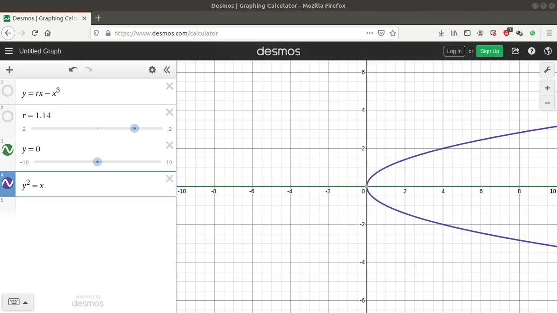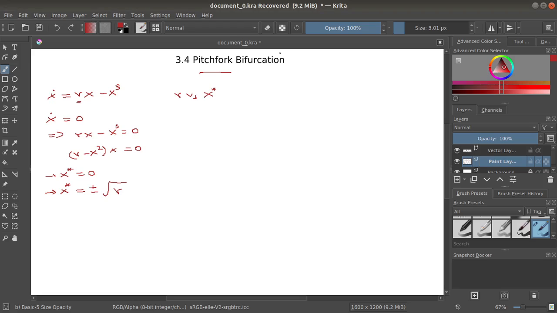Okay, so in this pitchfork bifurcation, this particular normal form is known as supercritical pitchfork bifurcation. So this is called supercritical. Which means there is something called subcritical.